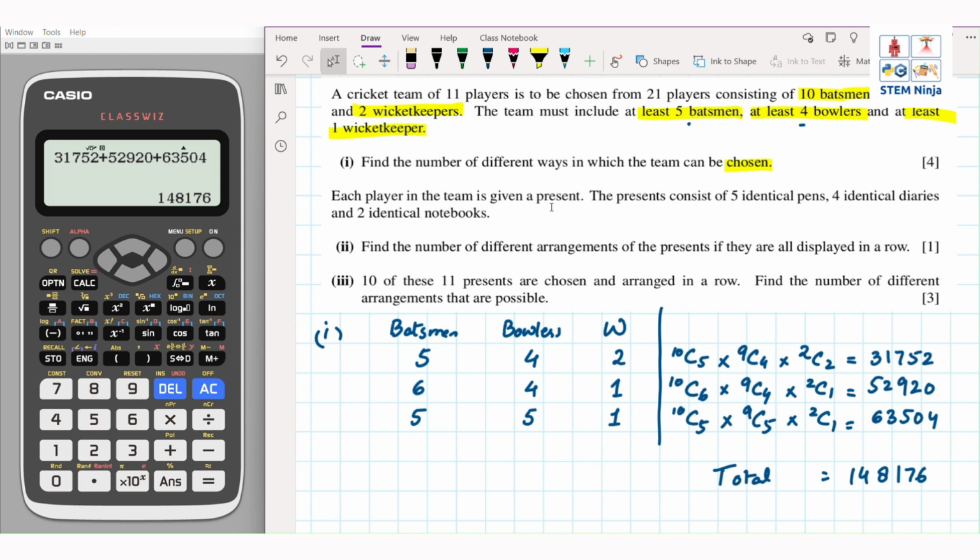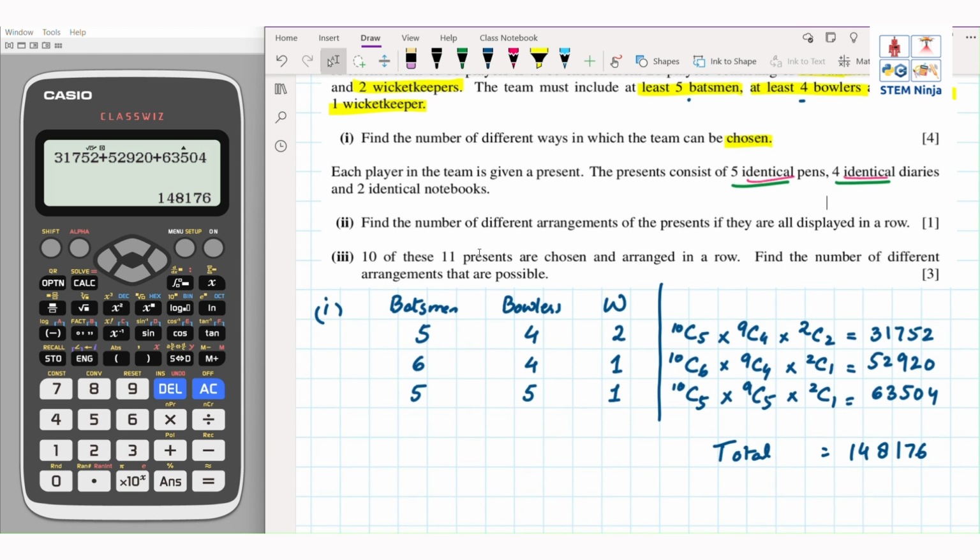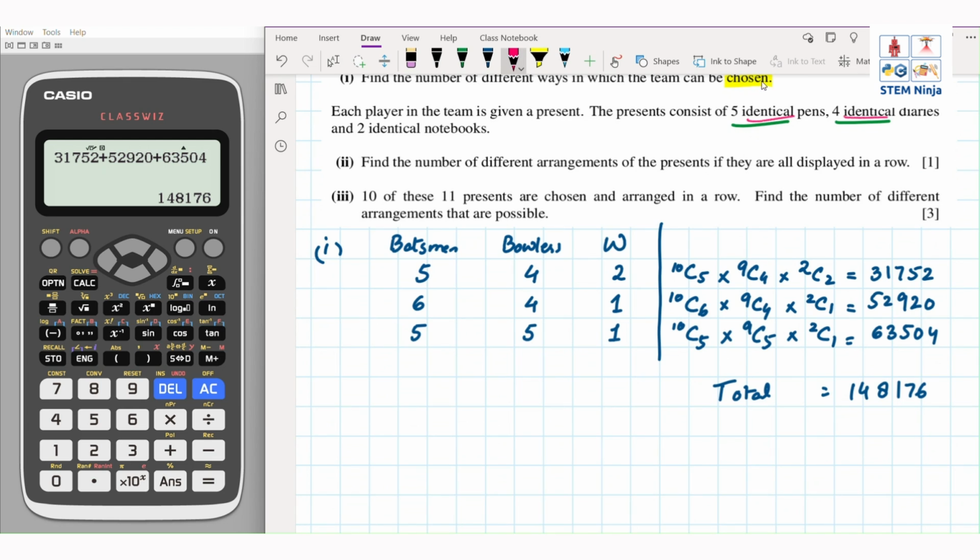Now, each player in the team is given a present. It consists of 5 identical pens, 4 identical diaries, and 2 identical notebooks. Find the number of different arrangements if they are all displayed in a row. The keyword here is identical, so we have to use the identical items scenario. Total items: 5 plus 4 is 9, 9 plus 2 is 11.